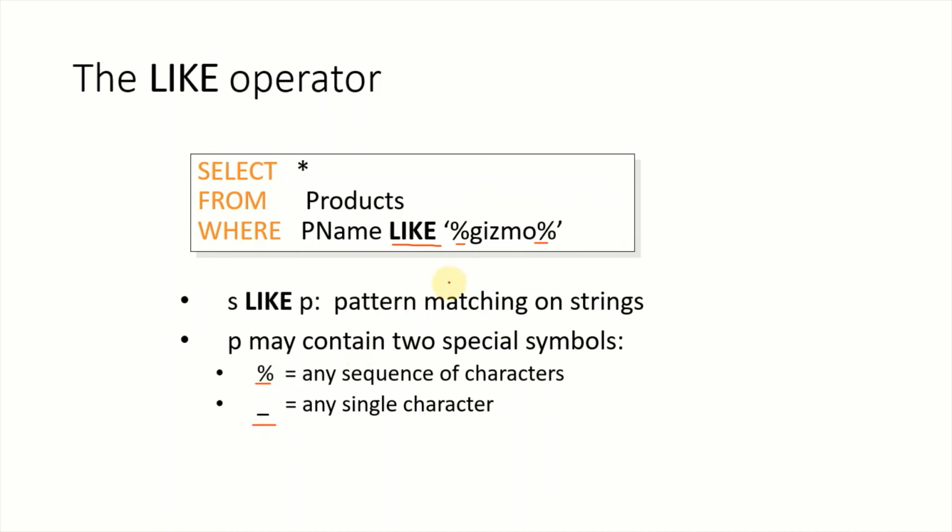If I type a single underscore instead of this percent sign, then the gizmo must have something here, a single character, like a gizmo, b gizmo, 1 gizmo. For 2 characters I can use a double underscore, and so on.